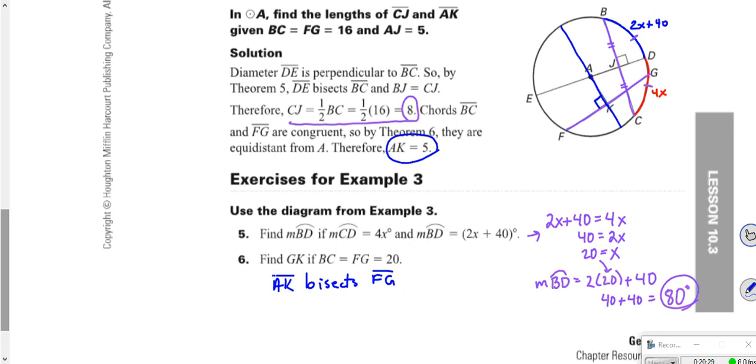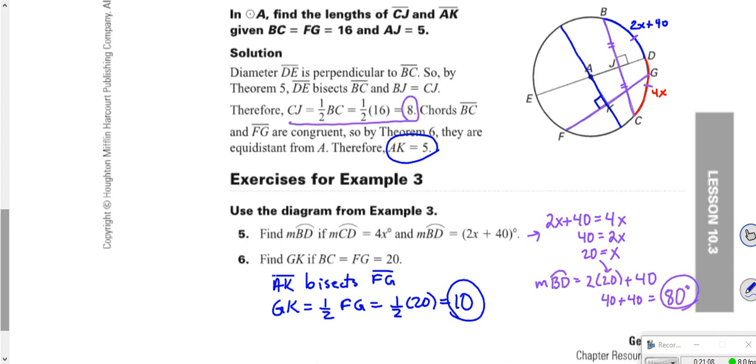Okay, so if it bisects FG, then that means that GK equals 1/2 of FG, which is 1/2 of 20, or 10. Okay, I hope you see that. AK is also, if you extend it, since it hits the center and it's perpendicular, it's also a diameter. So that means that it's going to bisect the chord and the arc, but in particular the chord. Okay, I hope that makes sense.